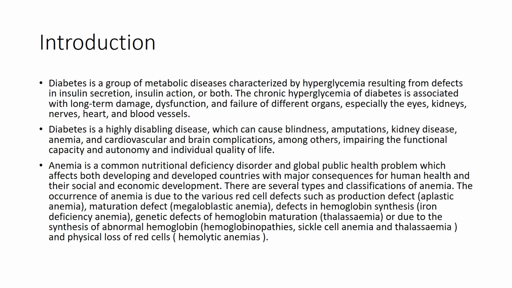Diabetes is a highly disabling disease which can cause blindness, amputations, kidney disease, anemia, and cardiovascular and brain complications, among others, impairing the functional capacity, autonomy, and individual quality of life.